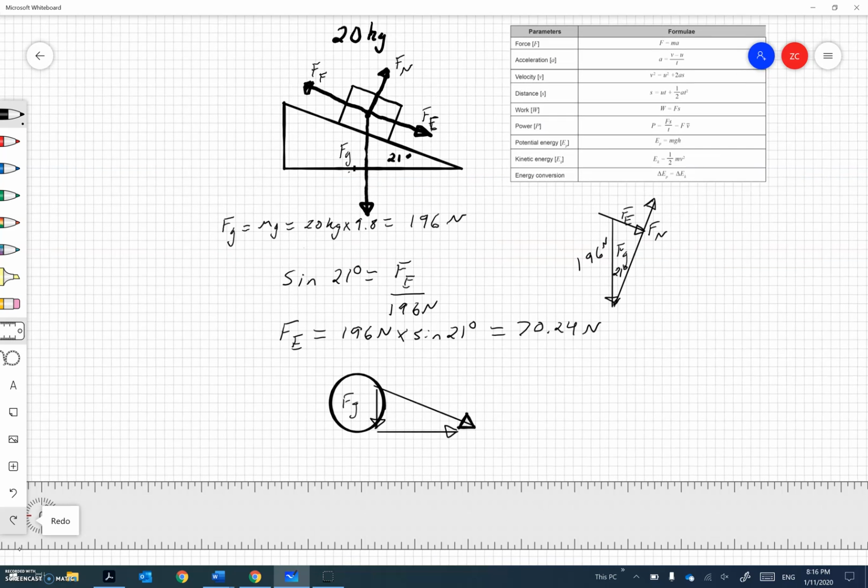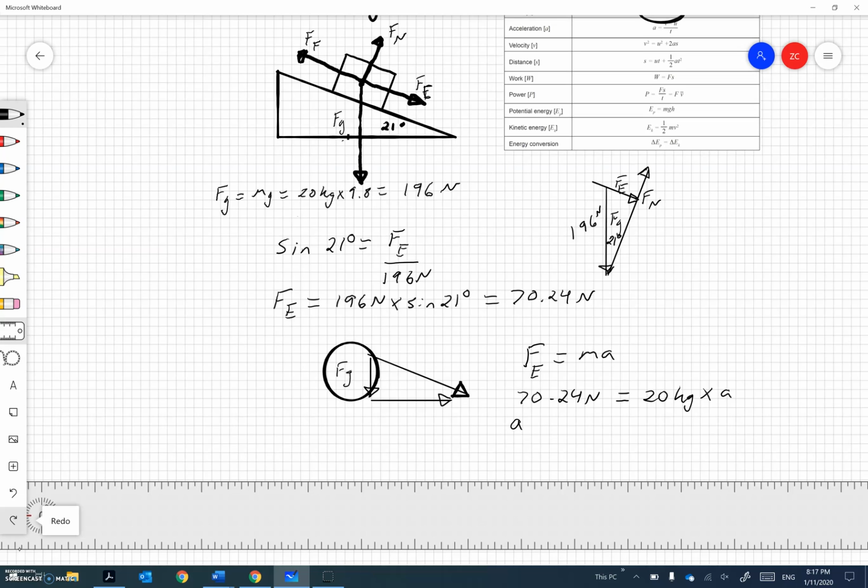So let's look back at our problem. We have force due to the effort is equal to mass times acceleration. So 70.24 newtons is equal to 20 kilograms times acceleration.